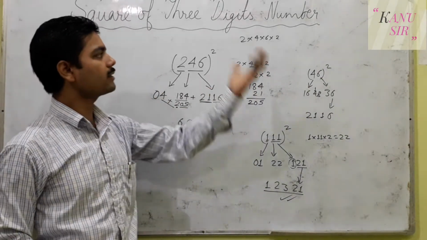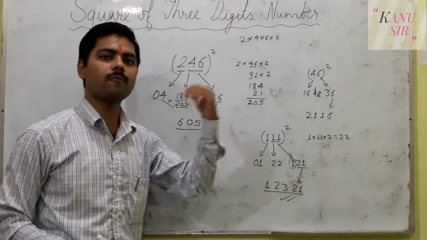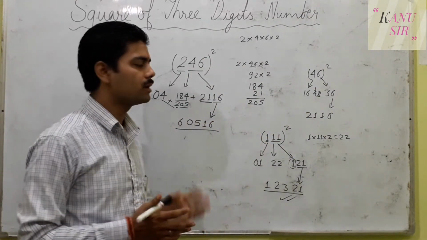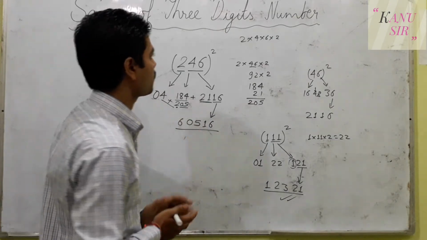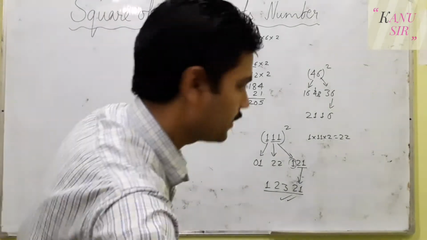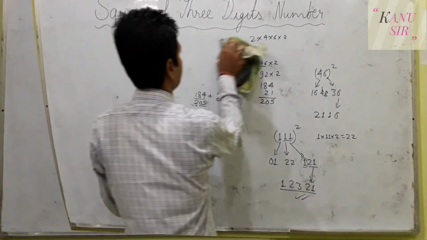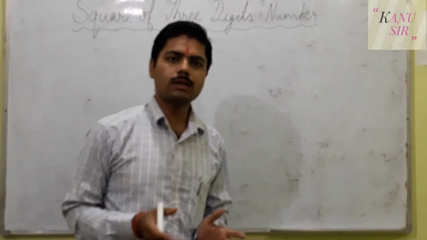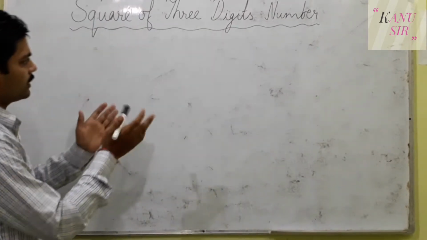But another system I am going to do is completely different from the square of a 2-digit number, and let's see that process also.